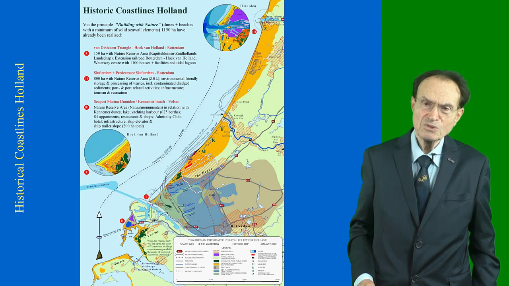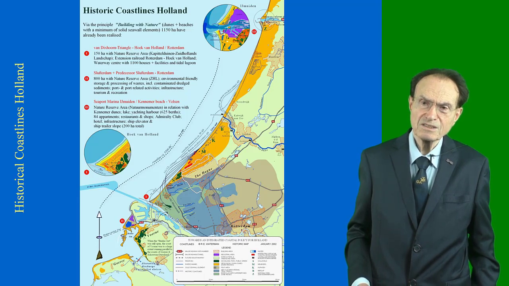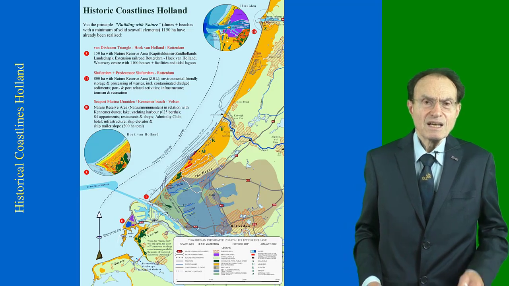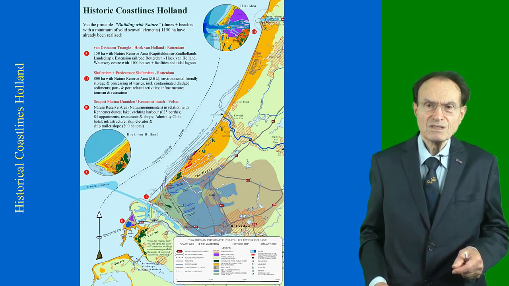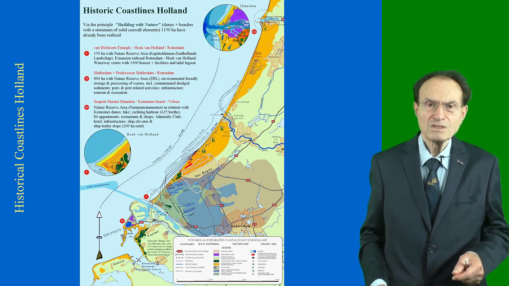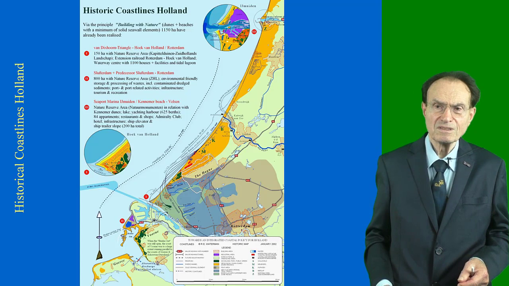And in addition to that, a small northern harbour mole was erected near Hoek of Holland, which was extended after the Second World War to a length of 4.7 kilometers, and it was created to achieve a calm shipping waterway south of it.